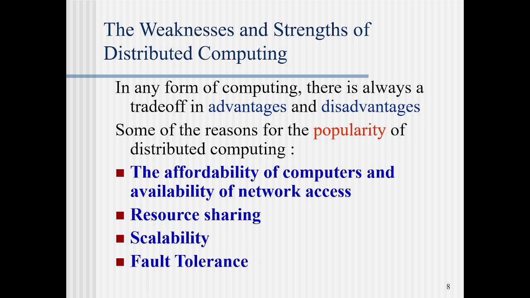In any form of distributed computing, there is always a trade-off. The advantages are the affordability of computers and the availability of network access. How many computers are available to perform a particular task, and the availability of network access, is important. If they are available, we can easily do the work.